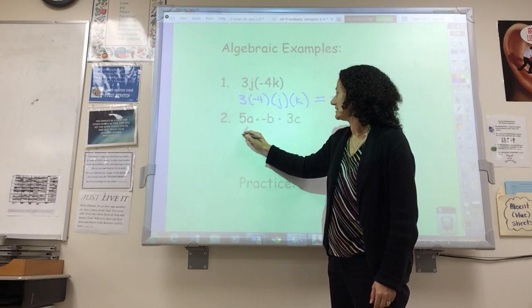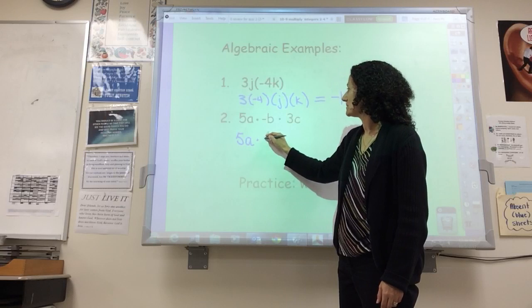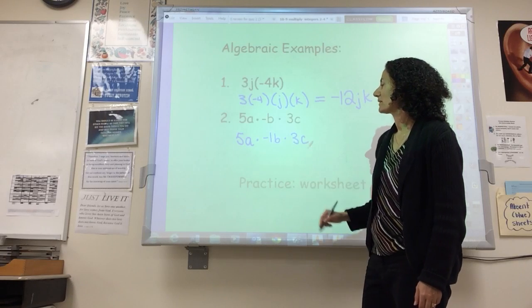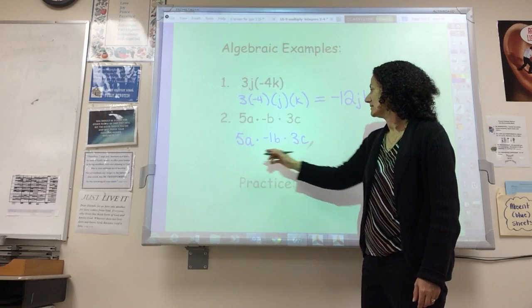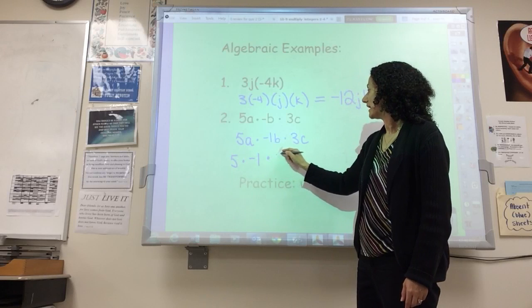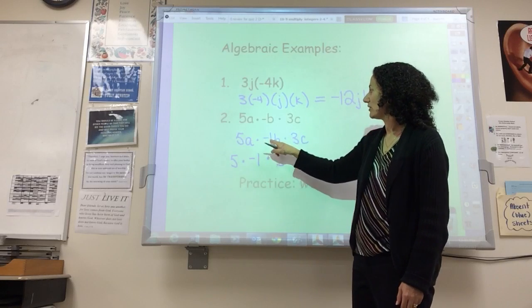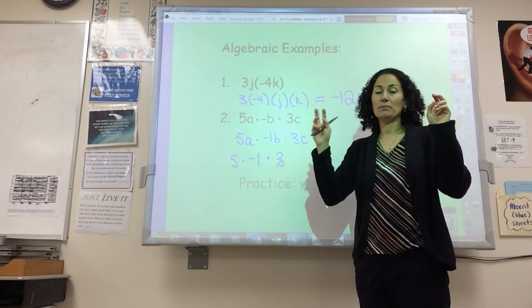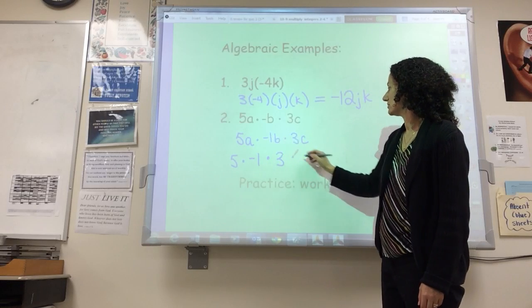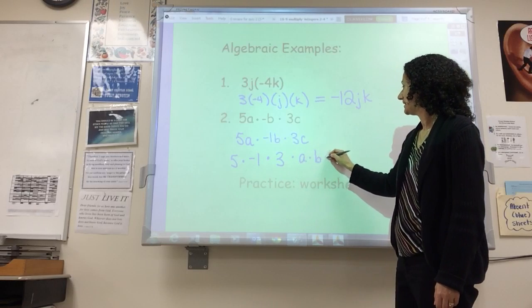So this really is saying 5a times negative 1b times 3c. And all that means is that I can do 5 times negative 1 times 3. Notice I just took out all the coefficients, all the numbers in front of the letters, and then I can worry about the letters, the variables, the a, the b, and the c.